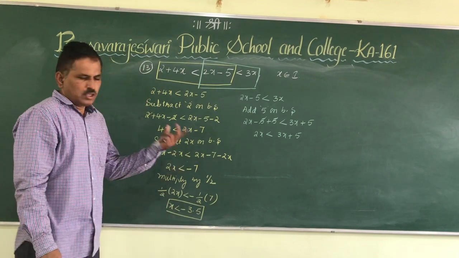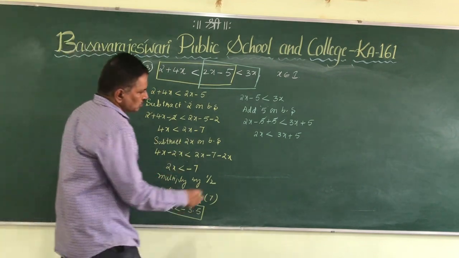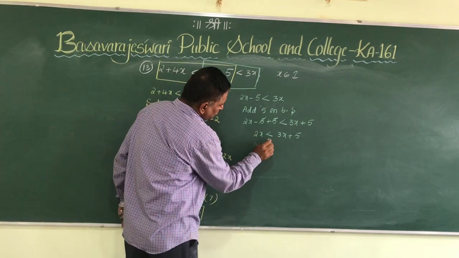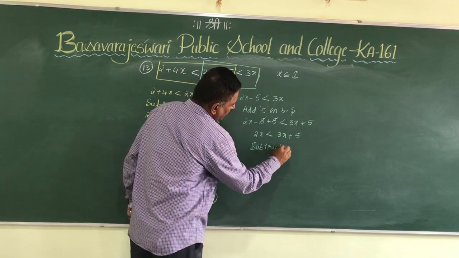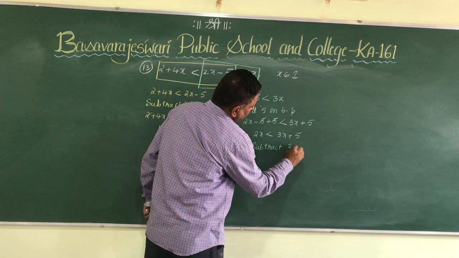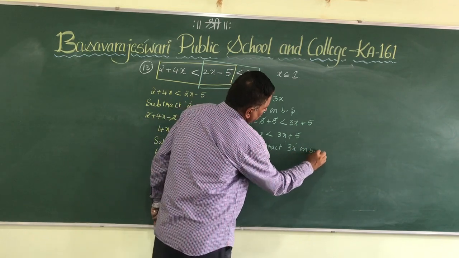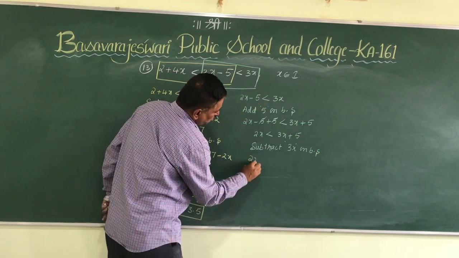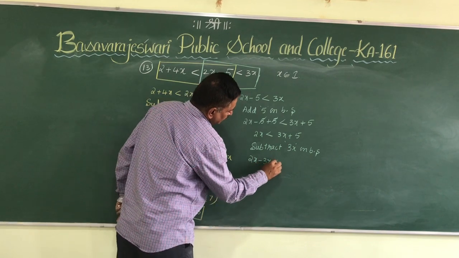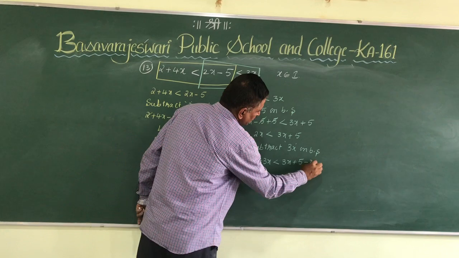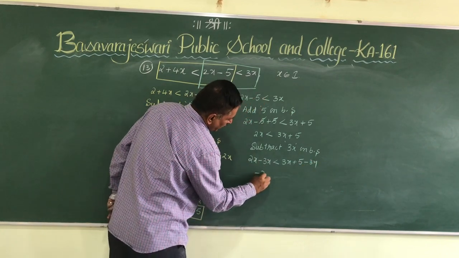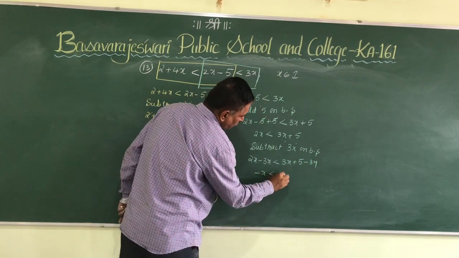So 3x this side, is it not so? Then subtract 3x on both sides. That is 2x minus 3x less than 3x plus 5 minus 3x. So I will get minus x is less than 5.